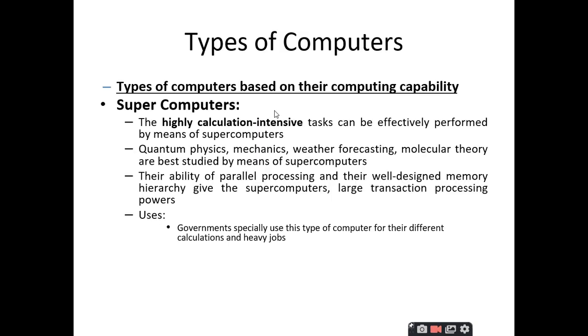You might have heard this term supercomputer, right? These supercomputers are used when we have calculation intensive tasks. That means you have very complex applications you need to run, for example, weather forecasting, quantum physics, quantum mechanics or molecular theory. All these are well advanced topics which require highly calculation intensive tasks.